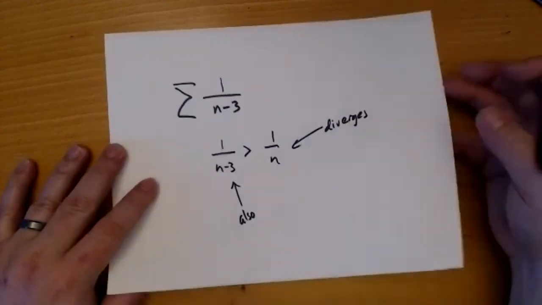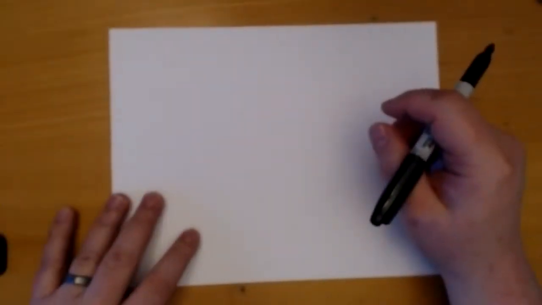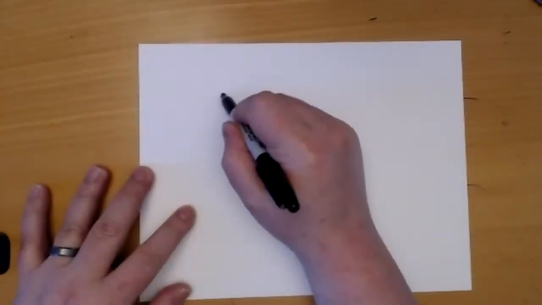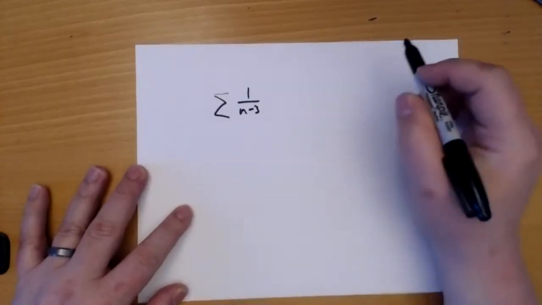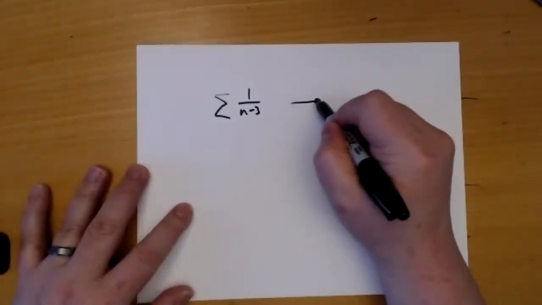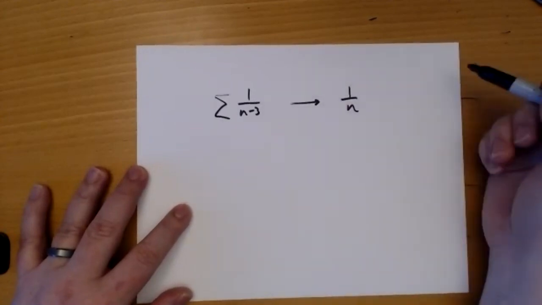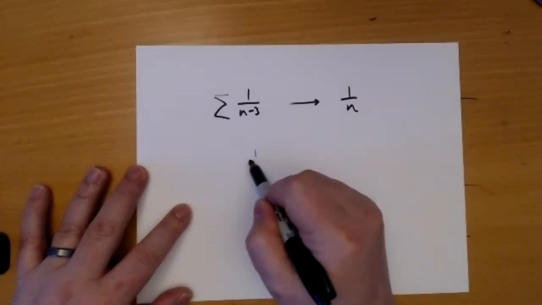Who used another tool? What'd you use, Redvic? Limit comparison. You used limit comparison? And what did you compare it to? Harmonic series as well. Okay, what went over what? 1 over n, 1 over n minus 3.